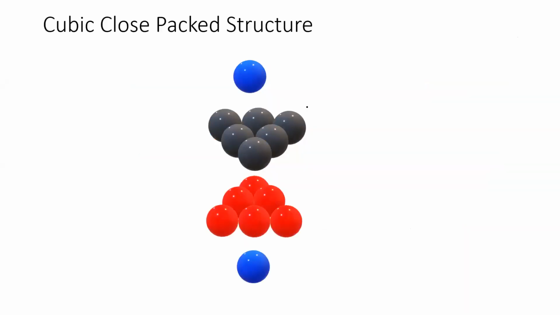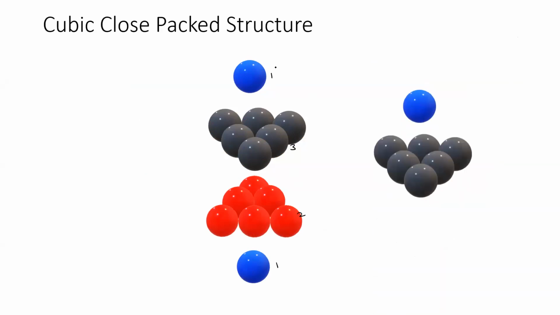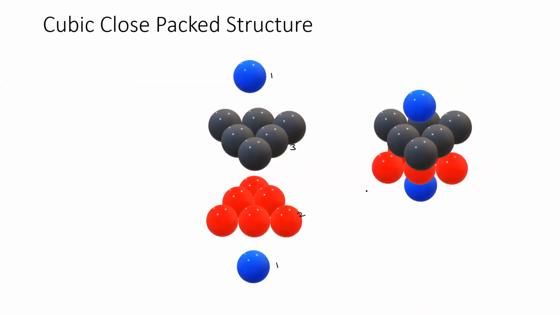Then how will the cubic close packed structure look? Is this the first layer, this the second layer, this the third layer, and this again the first layer. Look. So first layer, second layer, third layer, again first layer. 1 2 3 1 2 3, which means ABC. Okay. Now we can have octahedral voids. Look how it appears: 1 2 3 4 atoms.